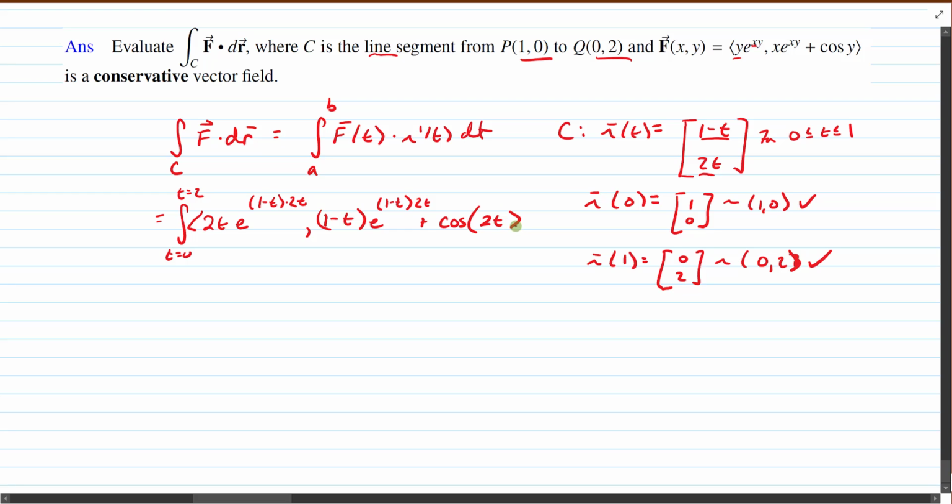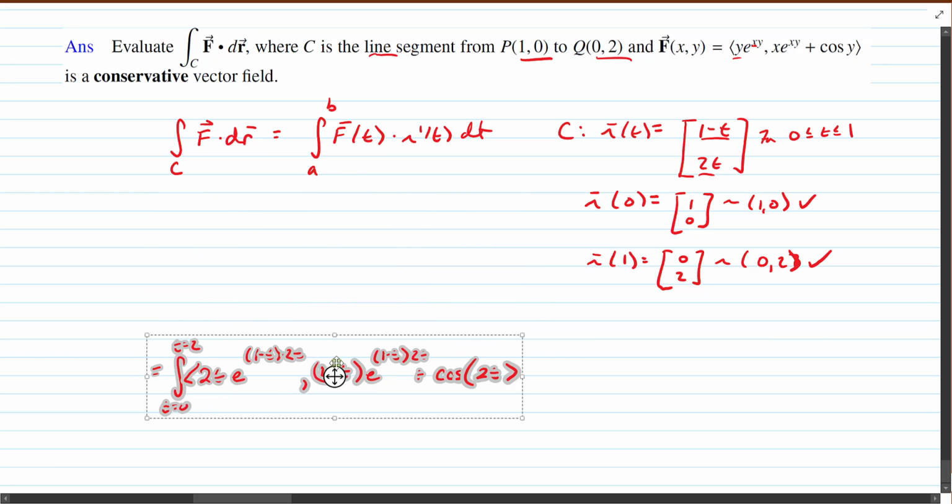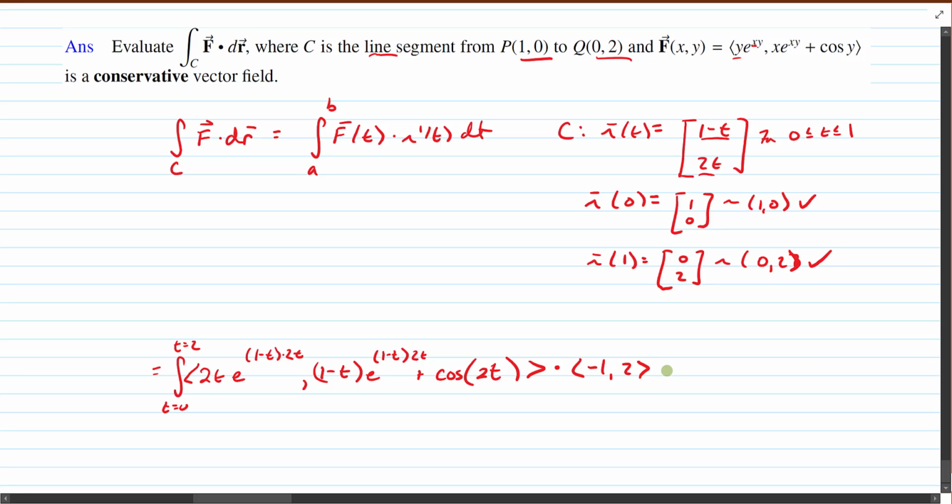And I'm out of room, so let me scoot that down. That should be, I guess, a closed parenthesis. Then close the vector. And then we're going to dot that with r prime of t, which would be to dot this with the vector negative 1, 2 dt.